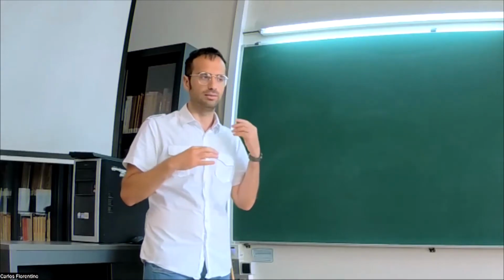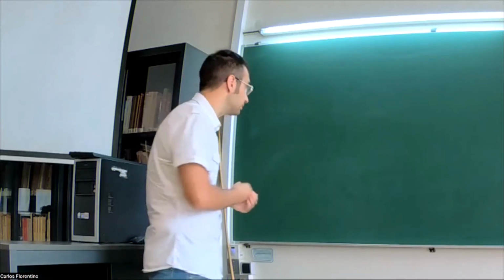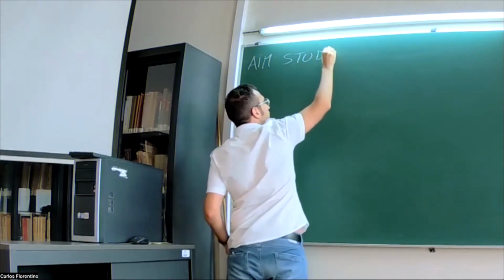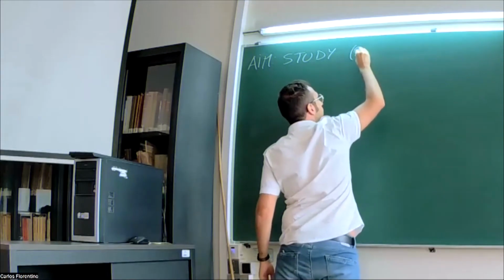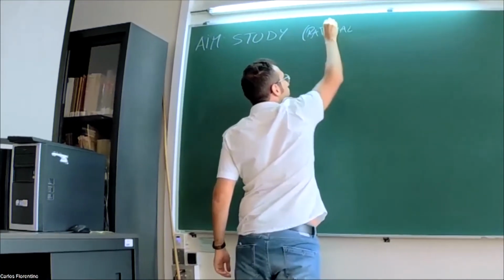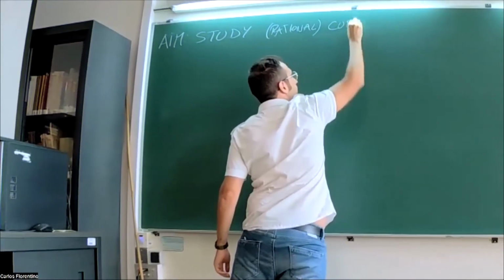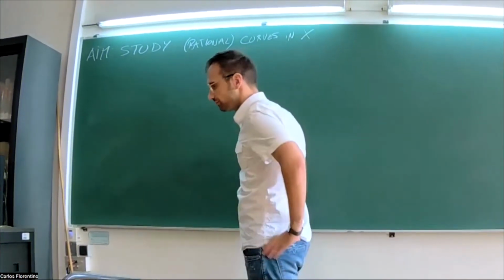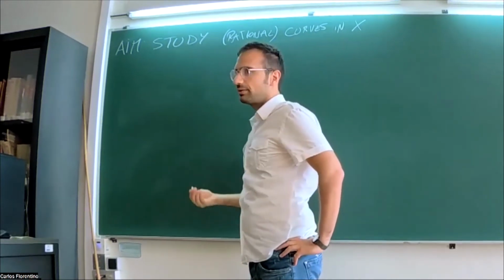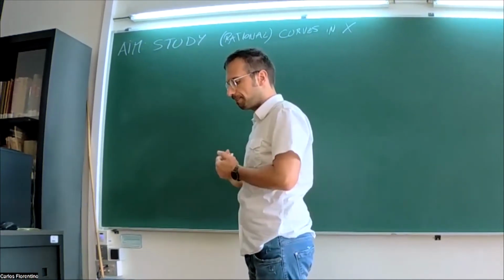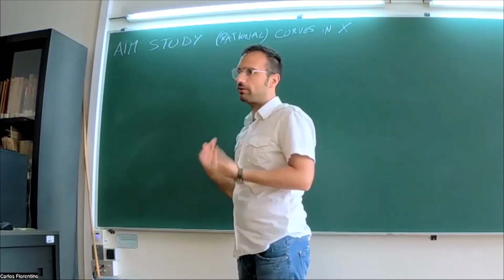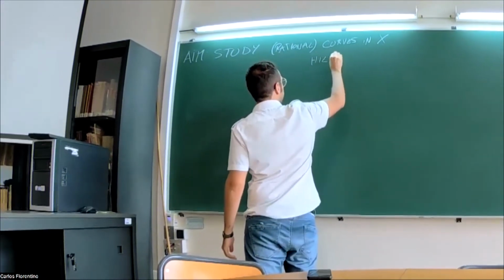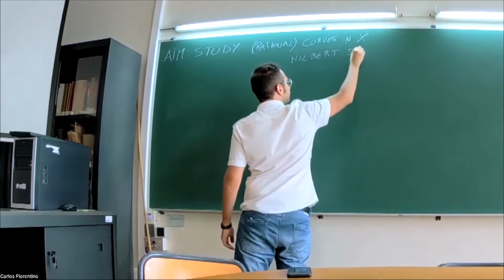What is the real reason to study this? Is to study rational curves in X. I mean, we have already some tool to study that, for example the Hilbert scheme.